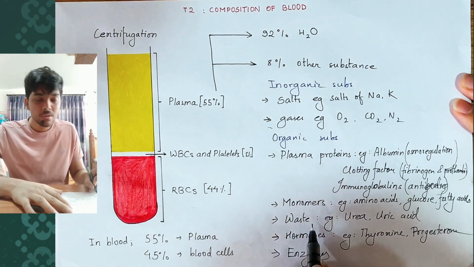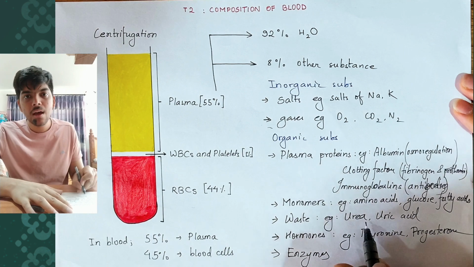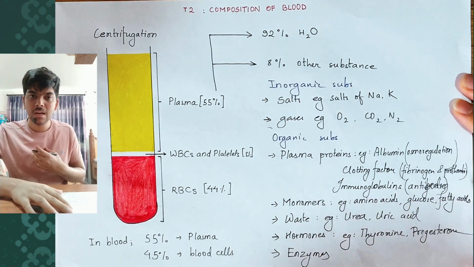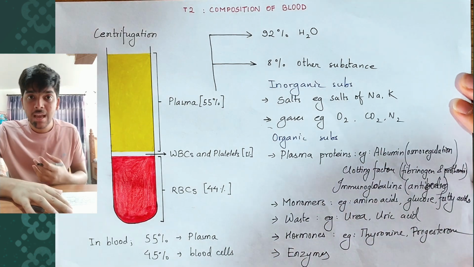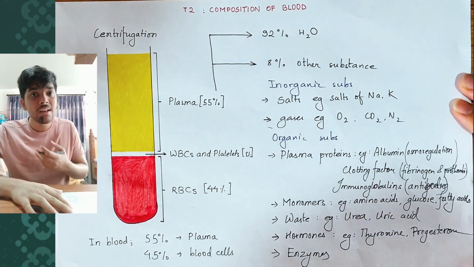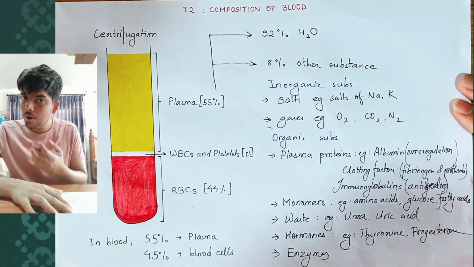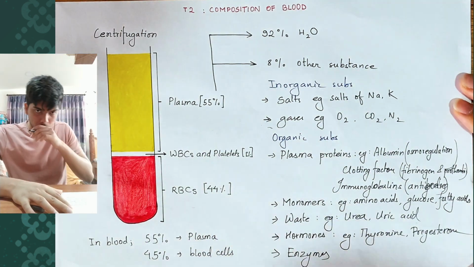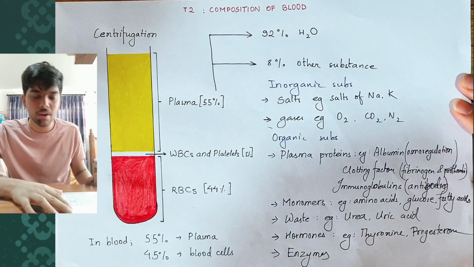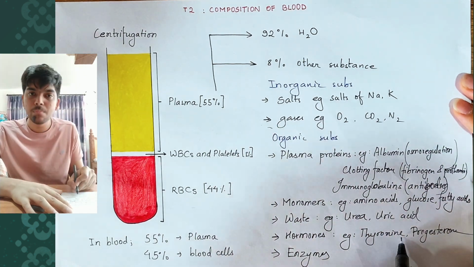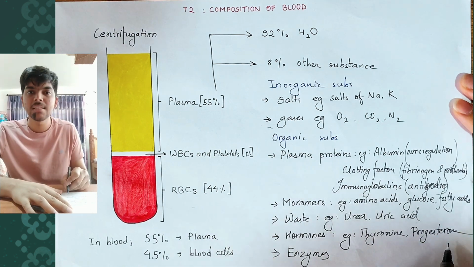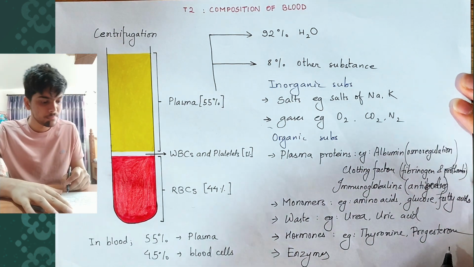Waste products. Nitrogenous waste products like urea, uric acid. Hormones. The endocrine glands found inside our body secrete hormones, and these hormones are secreted directly into the bloodstream, and in the bloodstream they travel through this plasma and reach their target organ. Thyroxine, produced by the thyroid gland, progesterone, all these hormones are secreted directly into your blood.